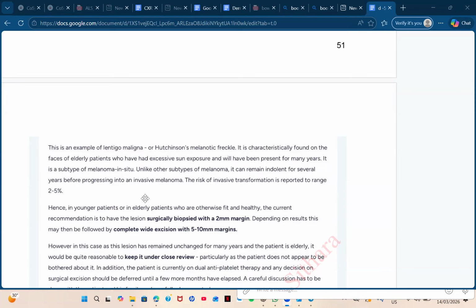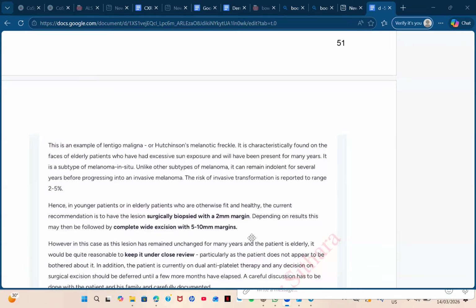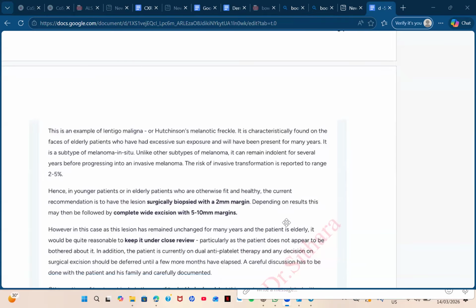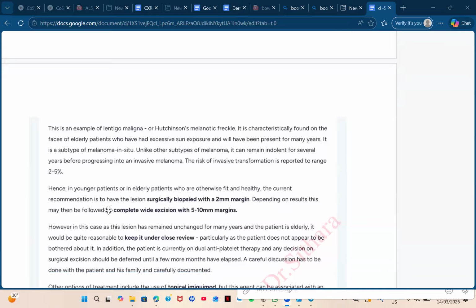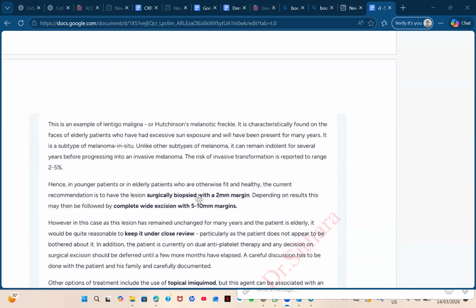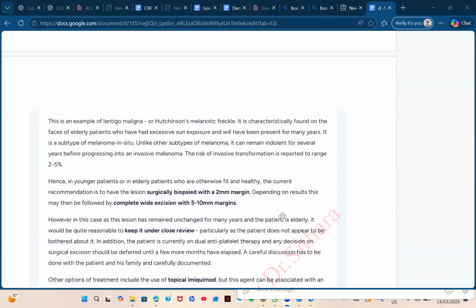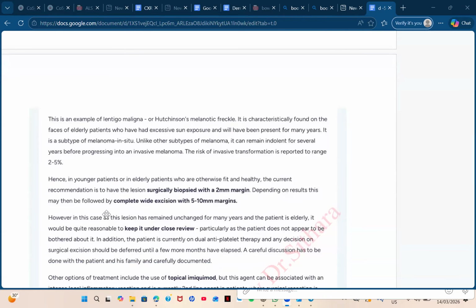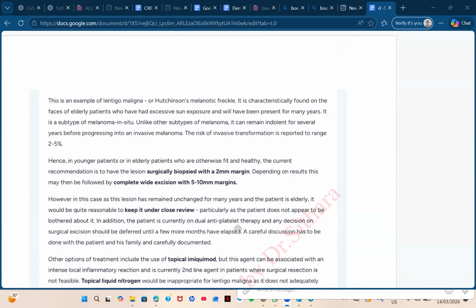The risk of invasive transformation is reported to range 2 to 5 percent. Hence, in a younger patient or in an elderly patient who is otherwise fit and healthy, the current recommendation is to have the lesion surgically biopsied with 2 millimeter margin, depending on the result. This may be followed by complete wide excision with 5 to 10 millimeter margin.